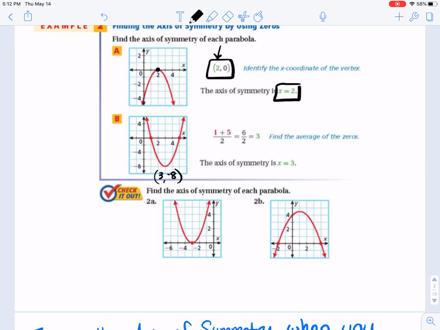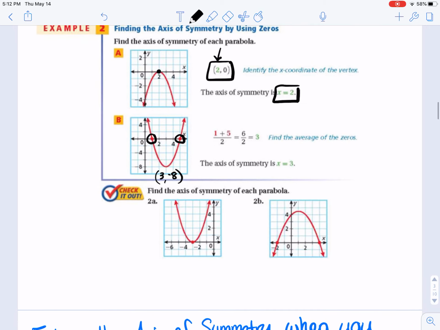So what I have to do is find the middle point in between these two, okay? It's the average of those two. This first dot on the left is at 1, the dot on the right is 5. To find the average, or the midpoint, you add them together, 1 plus 5 divided by 2, which gives me a 3. So my final answer is x equals 3.